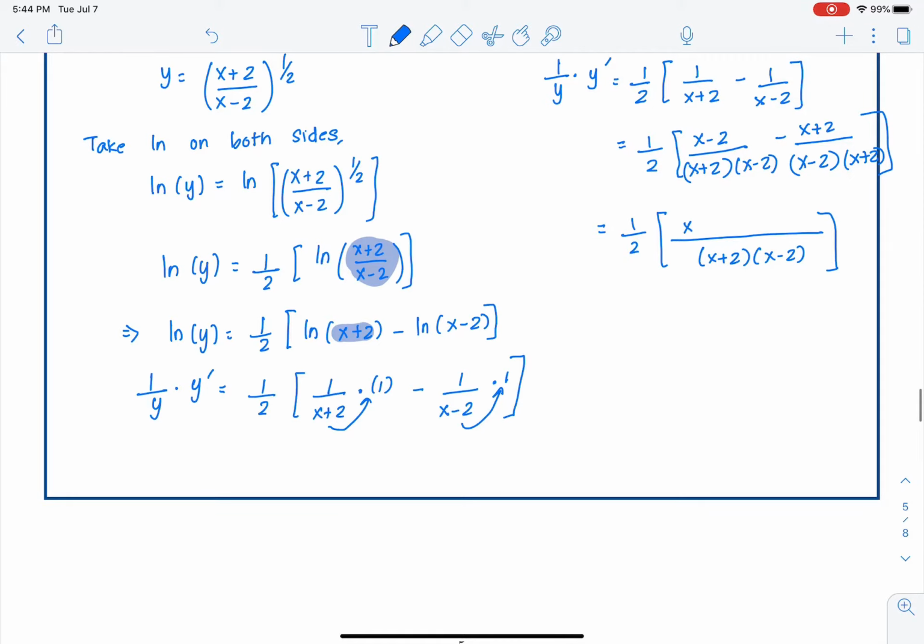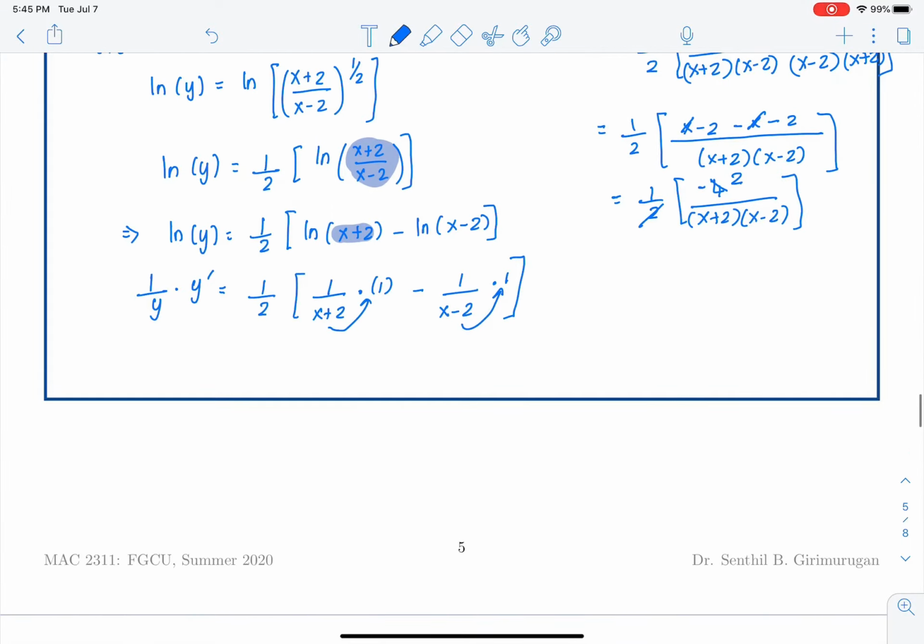So I have x plus 2 minus x minus 2. The x's will get cancelled. So I have 1 over 2 times 4 divided by x plus 2 times x minus 2. The 2 and negative 4 will get cancelled.